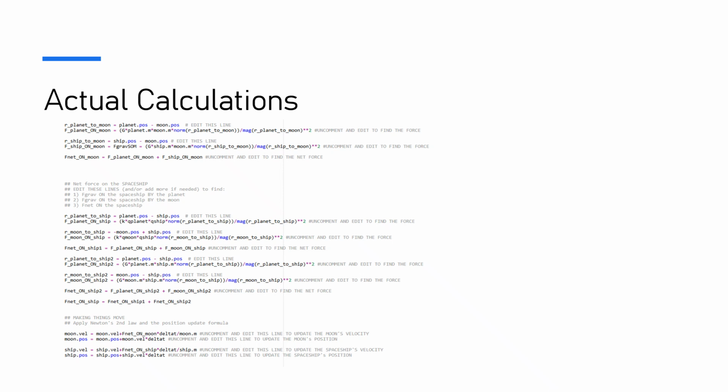In addition to that, our ship is going to be affected by the electric charges of the planet and the moon. So we also have to calculate that force and take it into consideration when we're doing the F net on the ship.